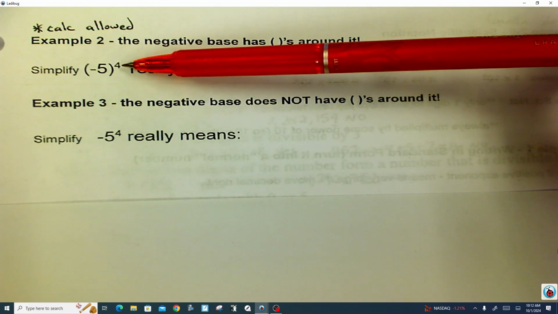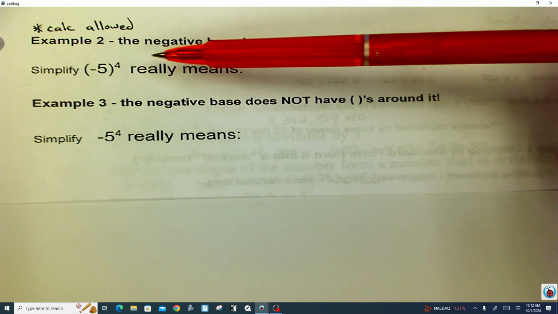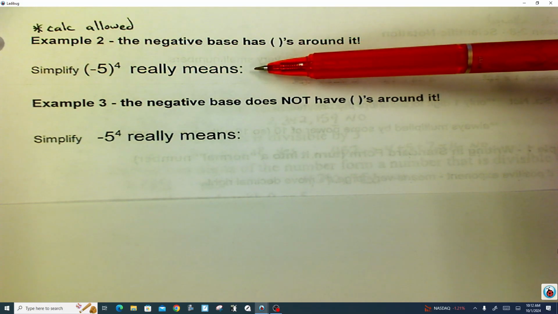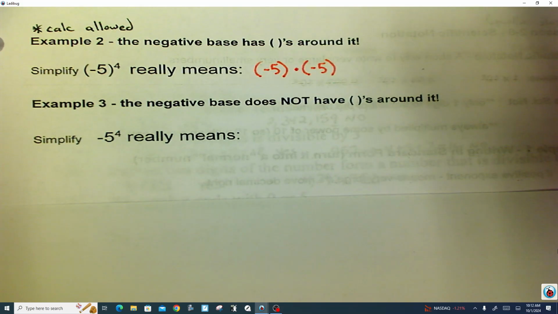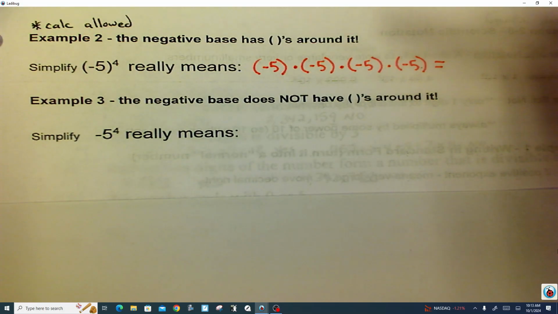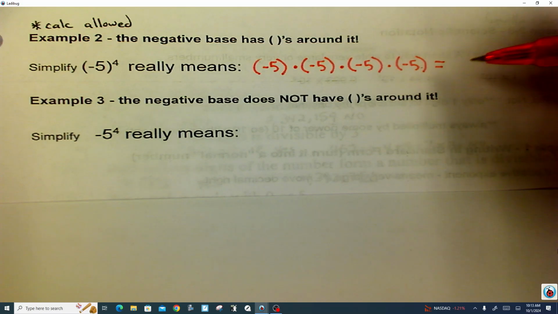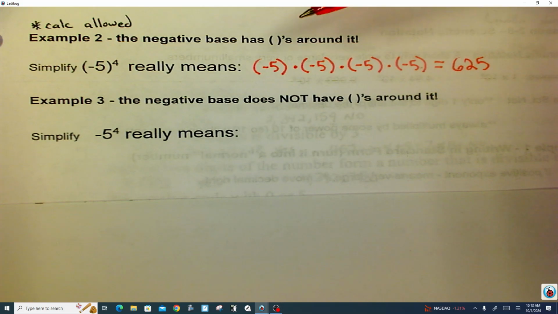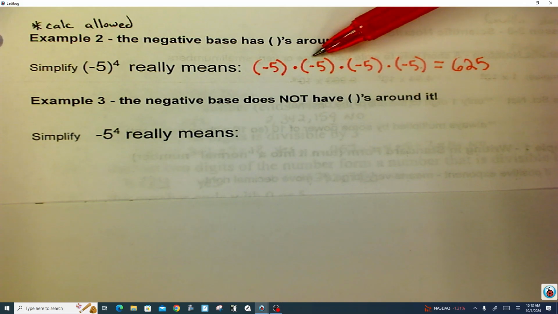I think this is pretty clear that negative 5 to the 4th power would represent 4 negative 5s, and it gets us a total or product of 625. One way to think of this is negative 5 times negative 5 is positive 25.